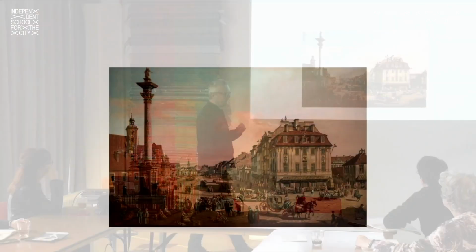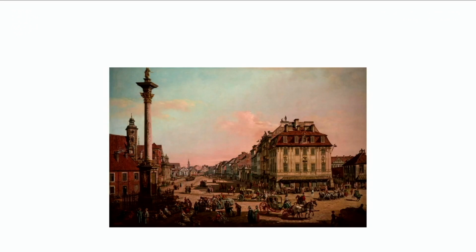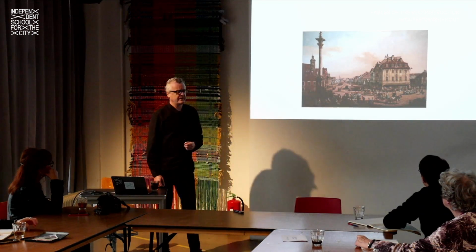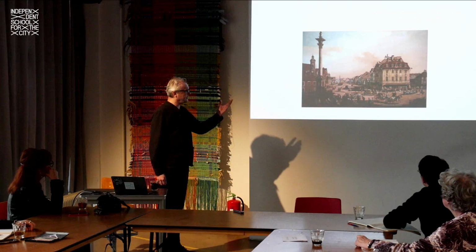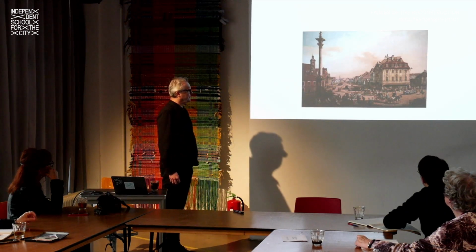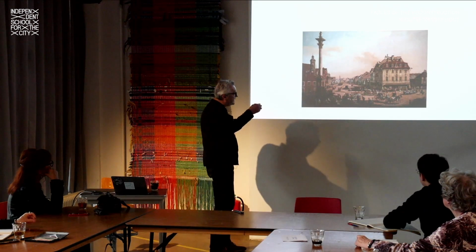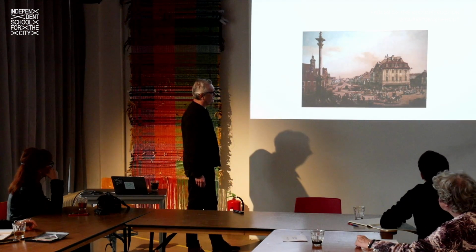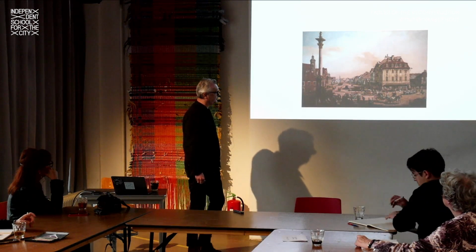But there's one interesting thing about the center of Warsaw, and that is that the historical center of Warsaw was extremely beautiful, and its beauty was widely acknowledged, for example, by this Venetian painter from the school of Canaletto. He's named Bellotto, and he made a whole series of slightly idealized cityscapes of the center of Warsaw in the 18th century.